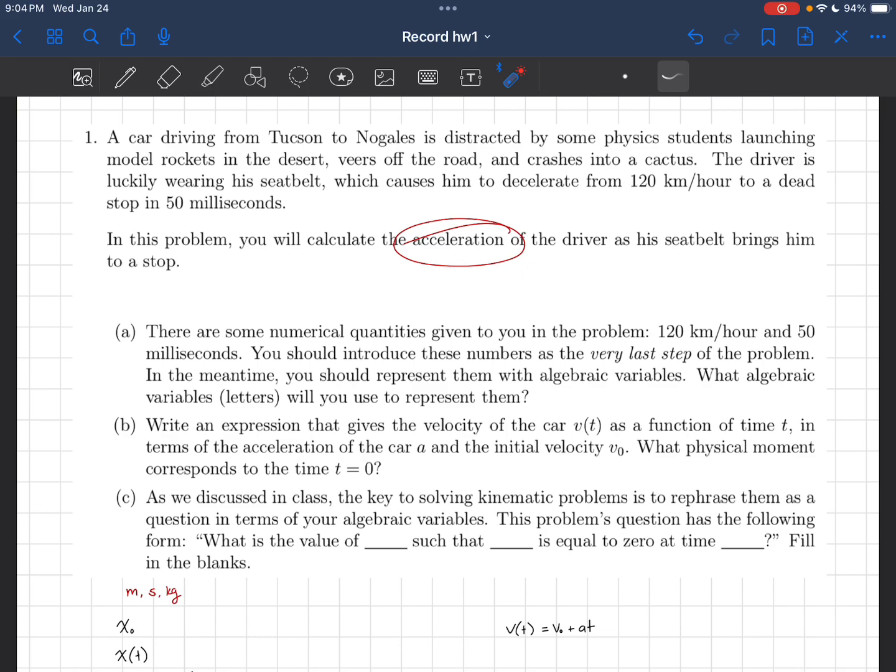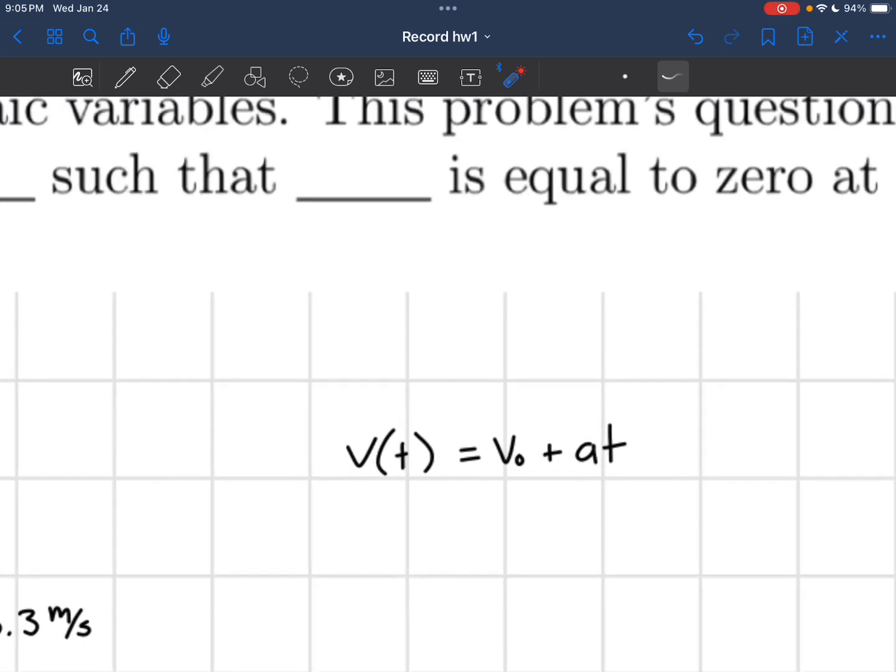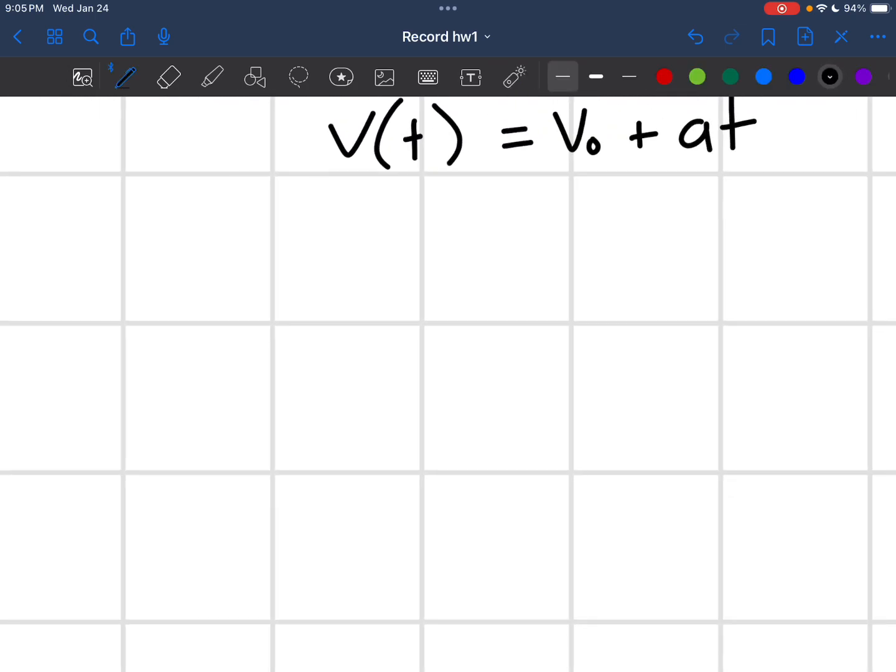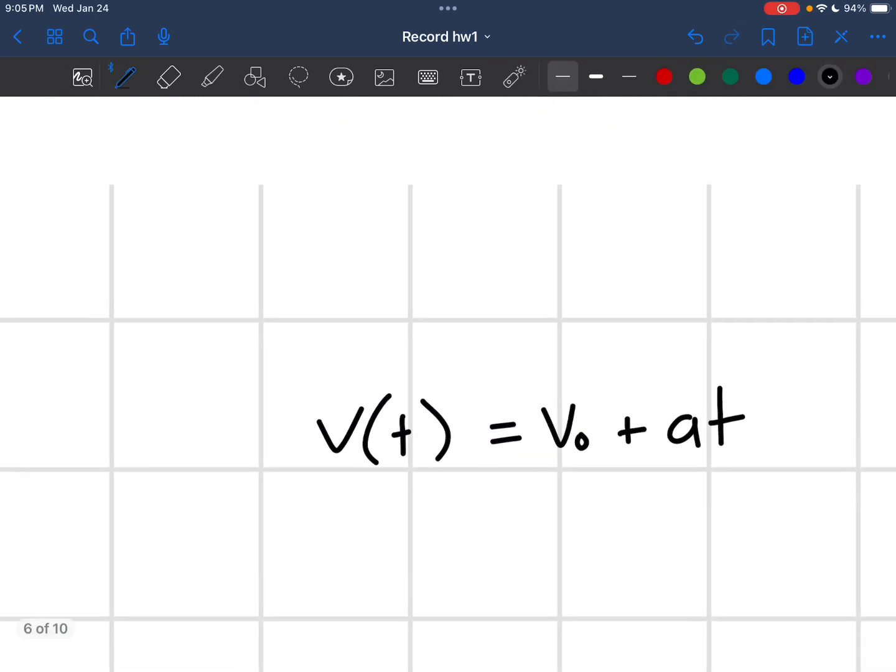So I have to find the chunk of time in my problem that has the constant acceleration, and the start of that has to be the start of my problem. It has to be when t equals 0 so that I can use the kinematics equation.